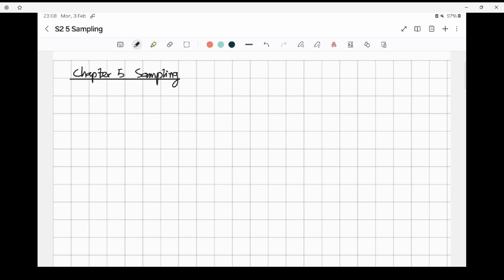You don't try to find out exactly how many Malaysians are male, how many are female, and so on. So let's say this big oval is the population. This is what we call the population data.